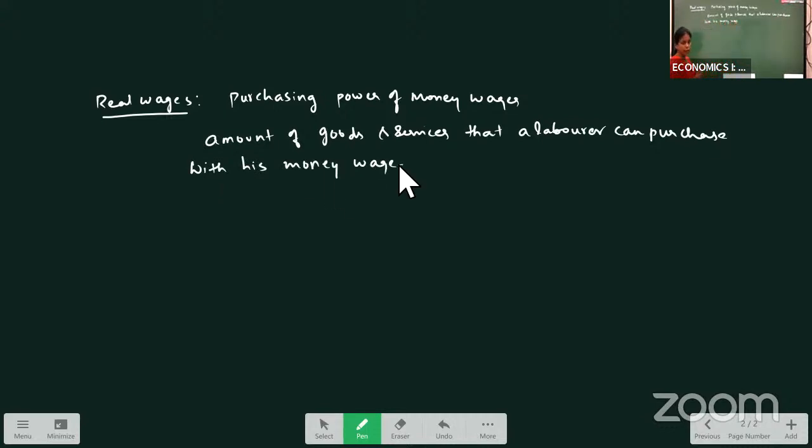Got the concept here? With his money wage. Money wage means what? The income which is received for his work in the form of money. With that money, how much amount of goods and services can he purchase? That concept is called real wages.